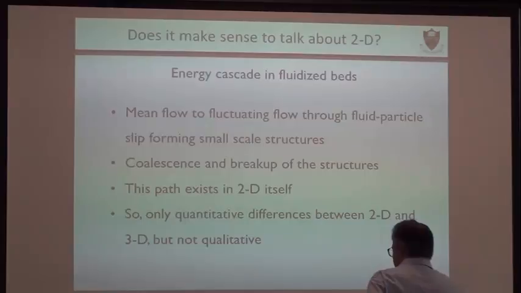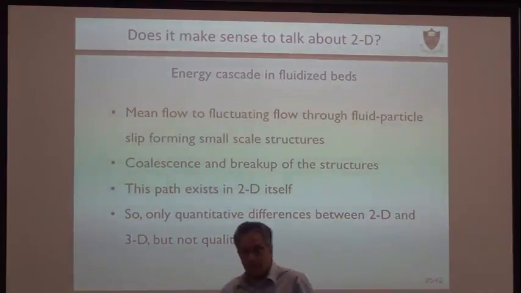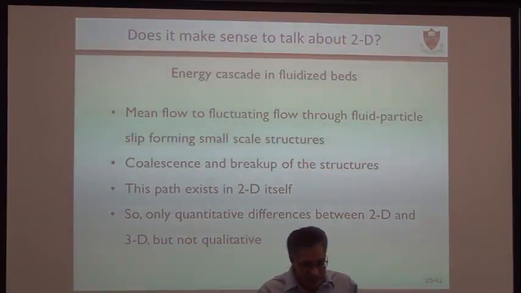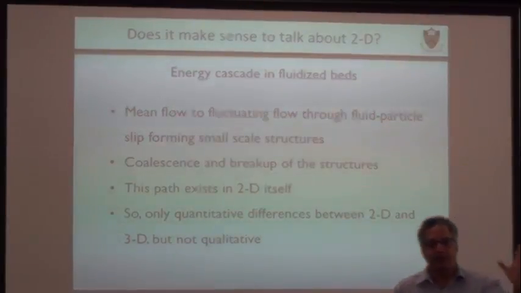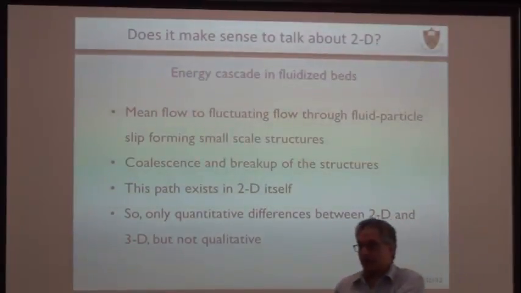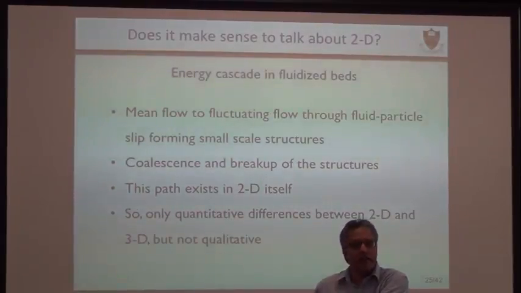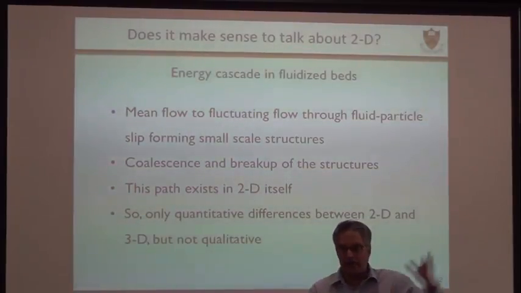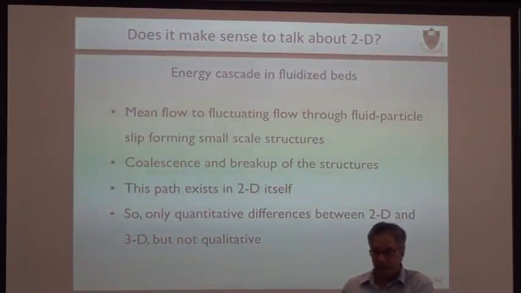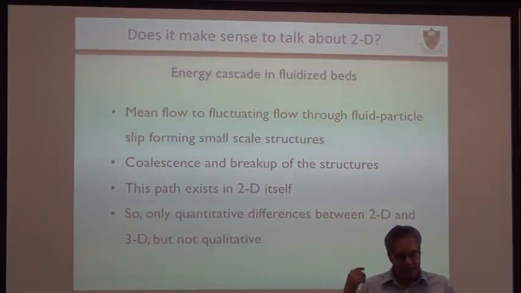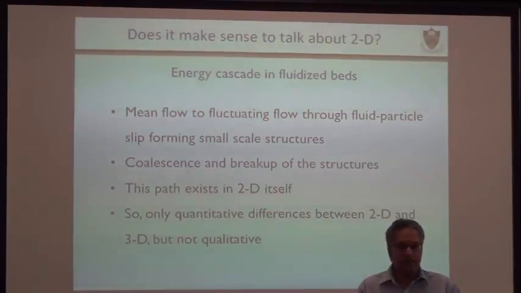The reason for that is the source of the structures. In single-phase turbulence, we often talk about how eddies form at the large scale and work their way down, cascading to small scale. You have some backscattering, but that's a second order effect. The principal effect is the energy going from large scale to small scale structures. But in this class of problem, that's not what is driving the instability.